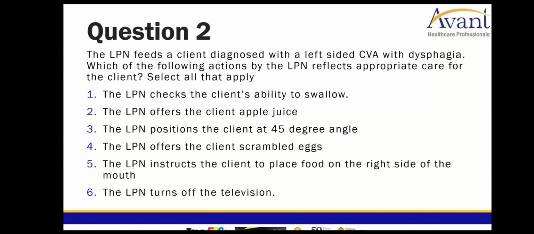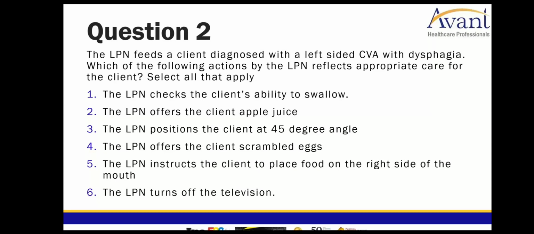So let's think about our topic of left-sided CVA. Think about how the left side of CVA affects the patient. What do we know about a stroke? All right, think about it. So we know a few things, and I'm sure you're thinking in your head, well, if they have a left-sided CVA, it affects what part of the body? Yes, the right side.